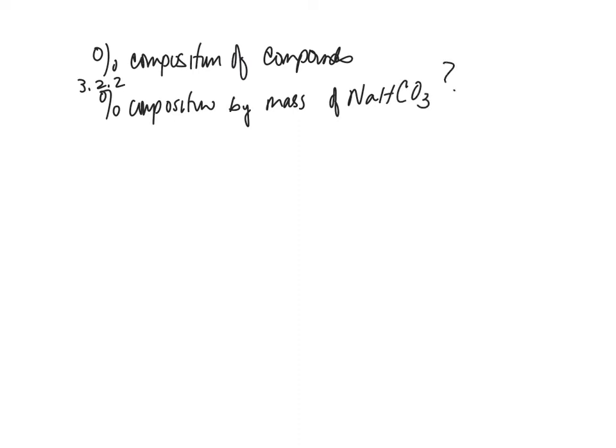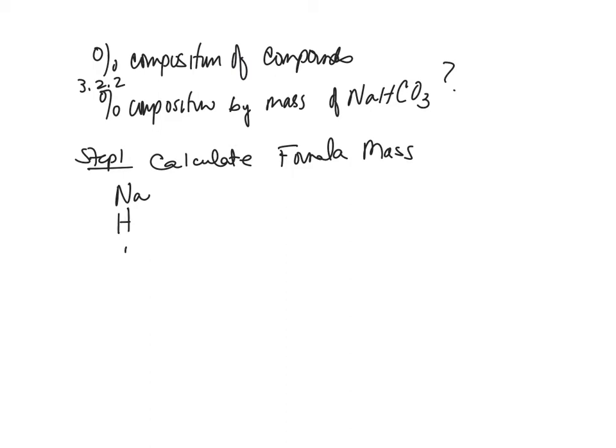So the first thing you want to do, step 1, is calculate the formula mass. And it's called formula because it's an ionic compound. So we have 1 sodium, 1 hydrogen, 1 carbon, and 3 oxygens.